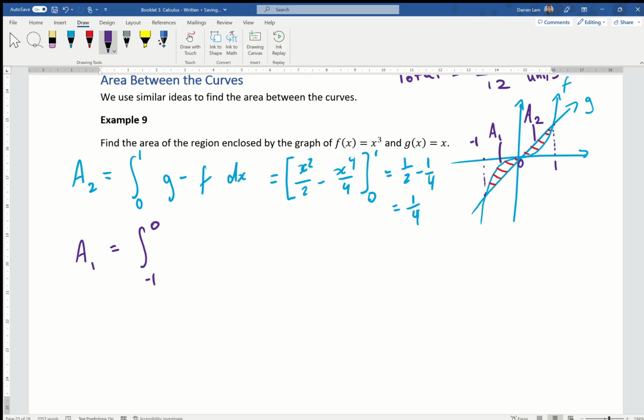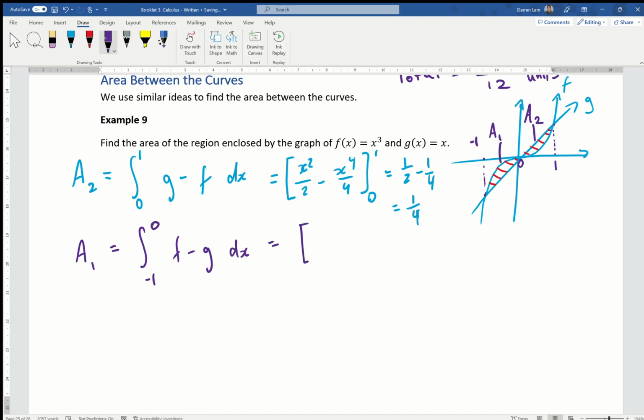Now I'm thinking to myself, if I find the area of this one here, and I subtract the area of this one underneath here, I should be able to end up with my function. Again, there are a couple of ways you can approach this. What I'm going to do is say from -1 to 0, f minus g dx. Notice that gives you a negative value inherently, but let's just solve it.